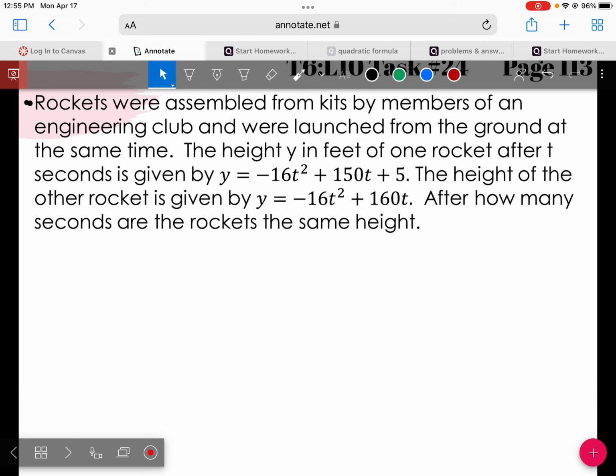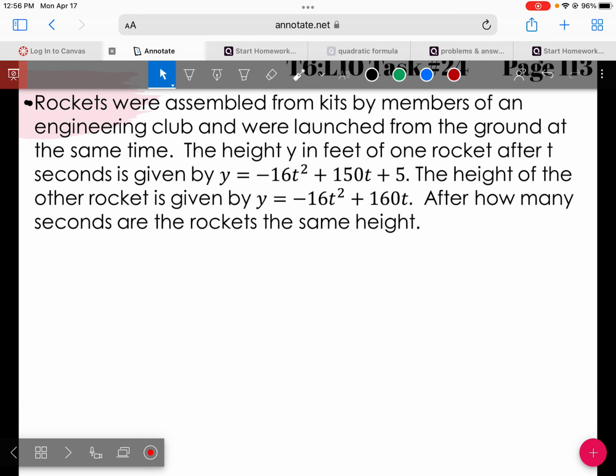So what are my variables in both of these equations and what are they representing? What are the variables, first of all? Like the actual variable. What is the variable? T. And what does T represent? T, number seconds, time in seconds.